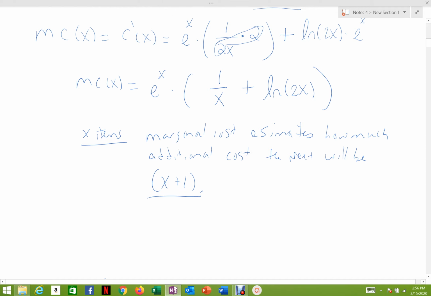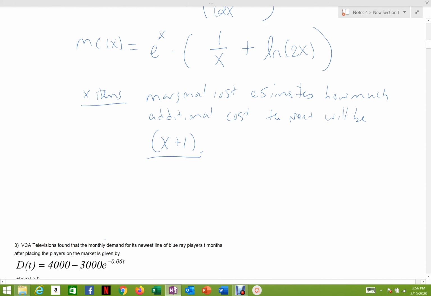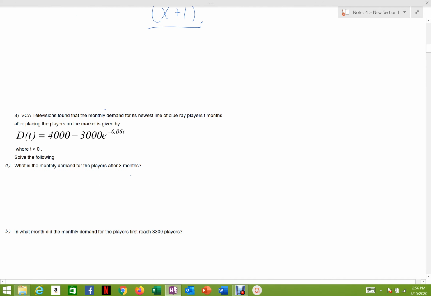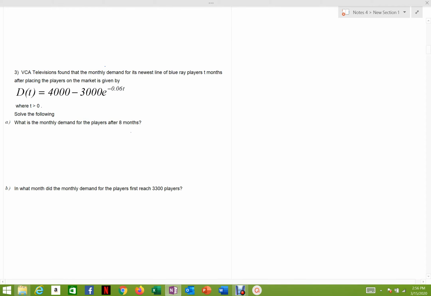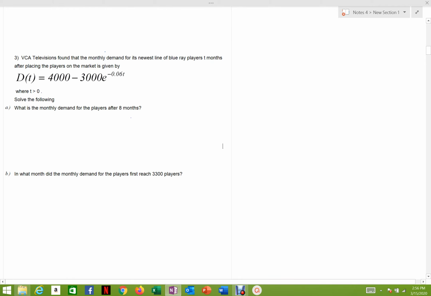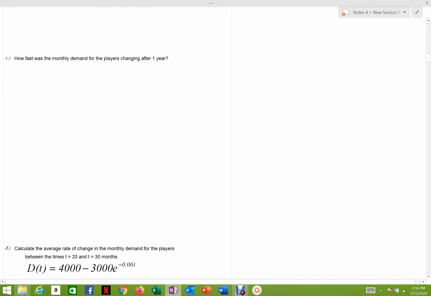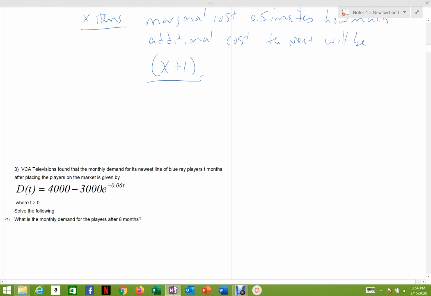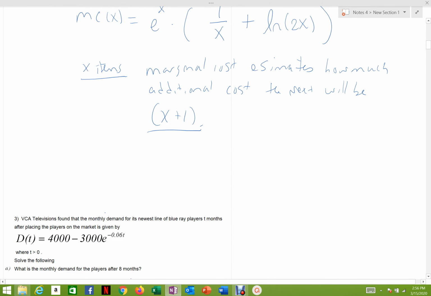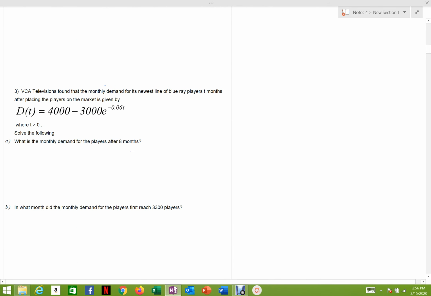We will start there on problem number 3 in this set of notes on the next video, where we'll do applications where we give you an exponential function and ask you some questions on that. That's what the next couple of problems will be. We're going to wrap this video up there, and we'll start the next one on the applications of e.